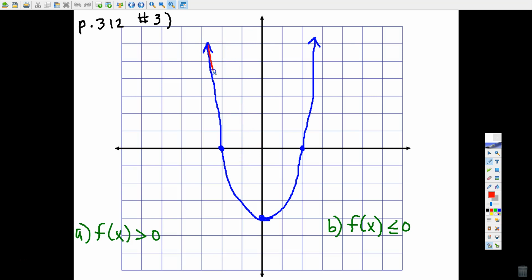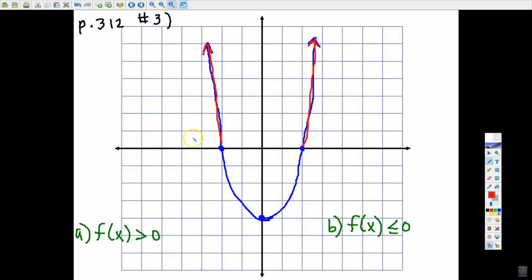Okay, so let's shade in the part of the parabola that would be above the x-axis. Now to get our answer, we turn it into this: what are the x-coordinates on the part that I've shaded in red? The x-coordinates for all of these points start at -2 and go forever left, as the parabola goes up.